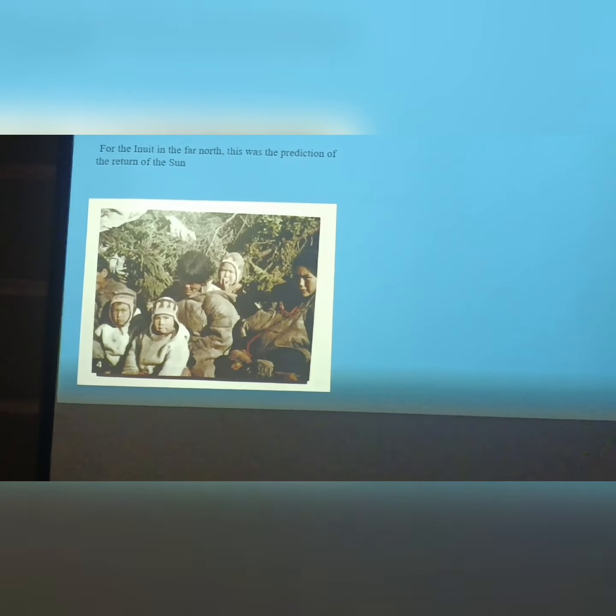For the event in the Far East, they use the constellations to predict the return of the sun. And Babylonians, they are in monsoon zone, so they use these constellations to predict the direction of the wind.